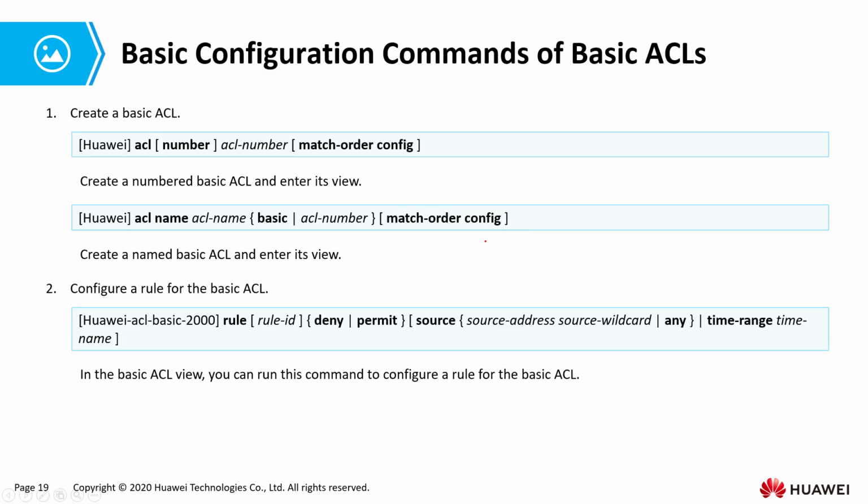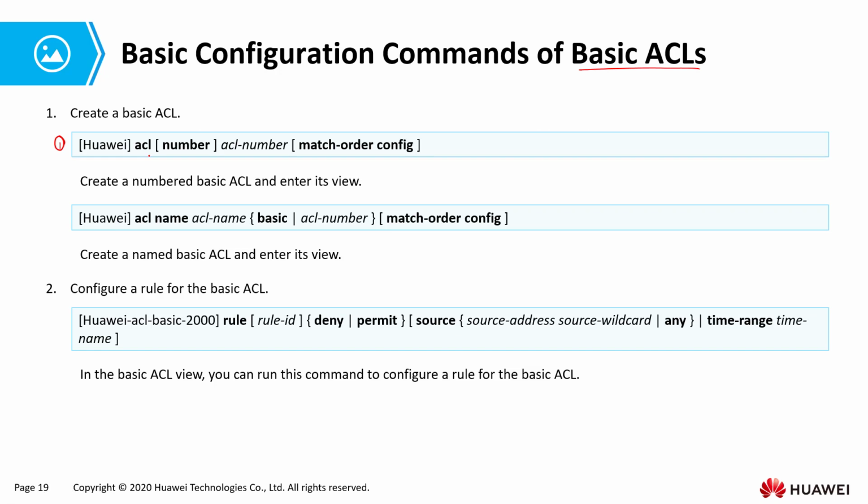So the basic configuration commands I will discuss in two different approaches. First, I'll talk about the basic configuration commands when we are configuring a basic ACL. And after, I'll talk about the basic configuration commands when we are configuring an advanced ACL. So when configuring a basic ACL, always the first thing we want to do is to create our ACL.